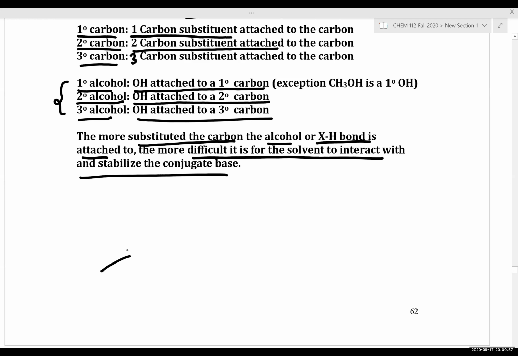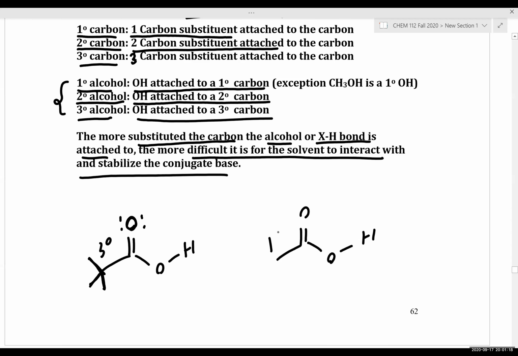So, for example, if we have a tertiary carbon adjacent to our carboxylic acid compared to a primary carbon, which of these carboxylic acids would be more acidic? The species on the right would be more acidic.